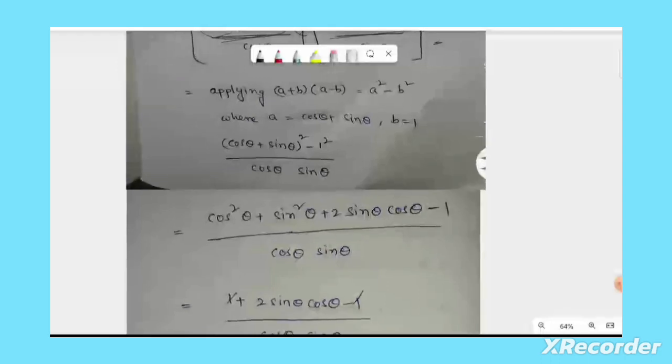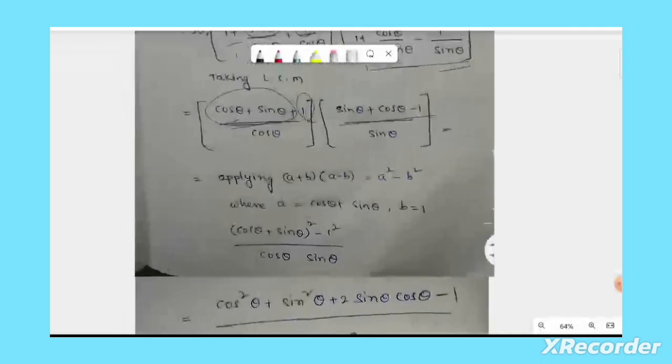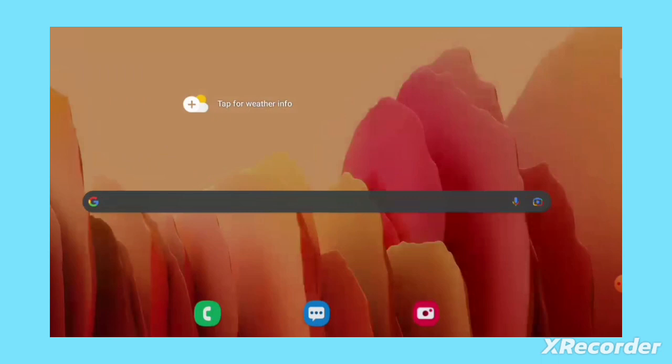In place of a square I can write (cos theta plus sin theta) whole square, minus, in place of b I am writing 1, so 1 square.